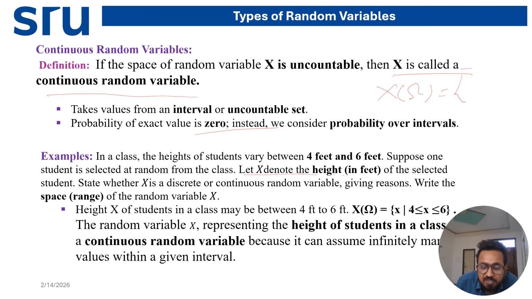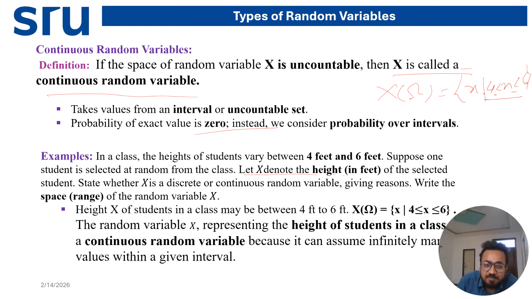So as we can see, here X(omega) means the space or range of this random variable, which is the collection of x such that x lies between 4 and 6. So we can see that this is an interval, and we know that intervals are uncountable sets.